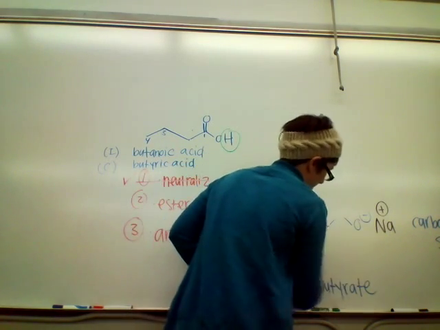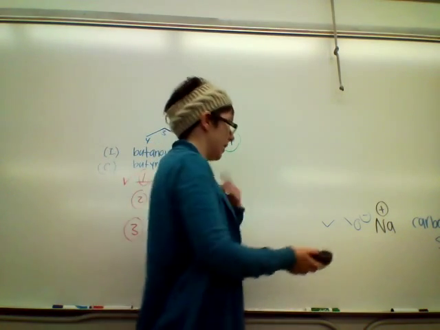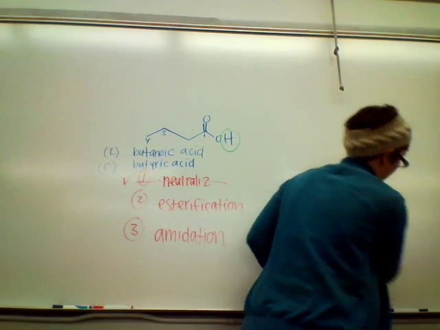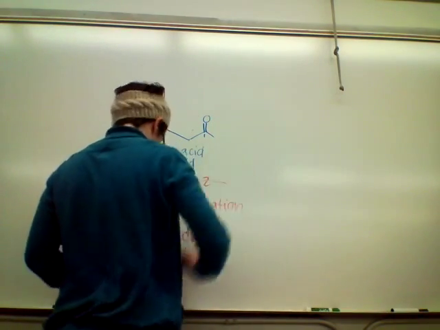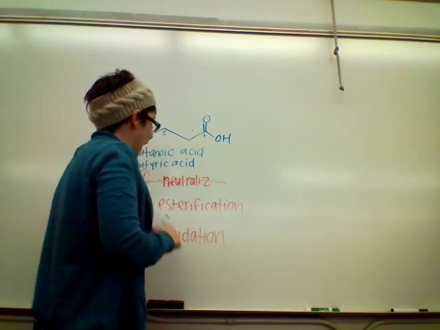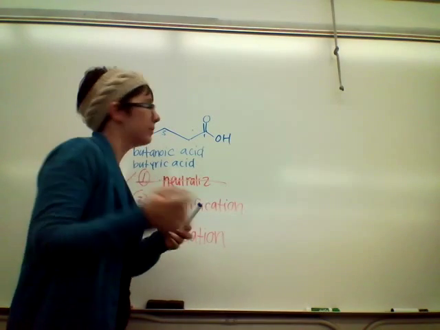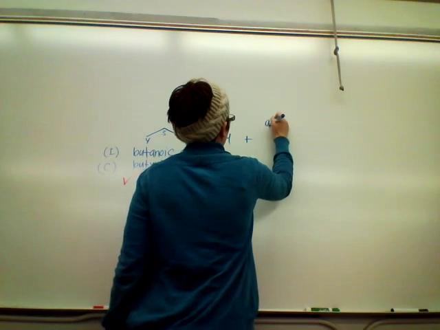Well, it doesn't sound like we're making esters, because we don't say esterification, we say ester. But it looks like we're making an ester, and that's exactly what's happening. And you need an alcohol. The carboxylic acid plus an alcohol.